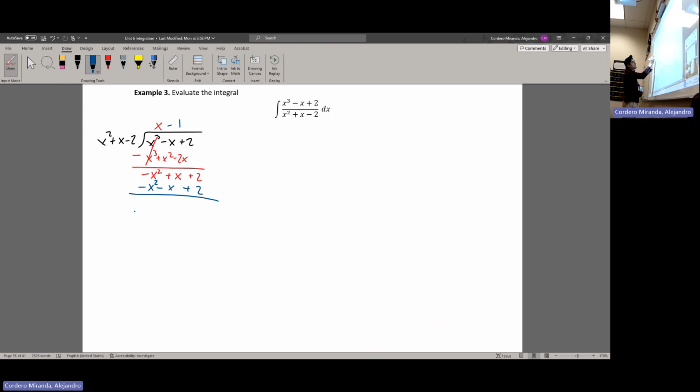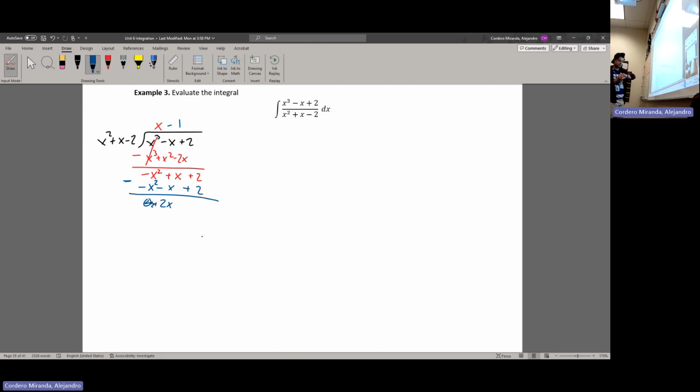Subtract that, and you're going to get negative x minus negative x is 0. Positive x minus negative x is 2x. 2 minus 2 is 0. So I get 0 plus 2x, or just 2x, I could say.